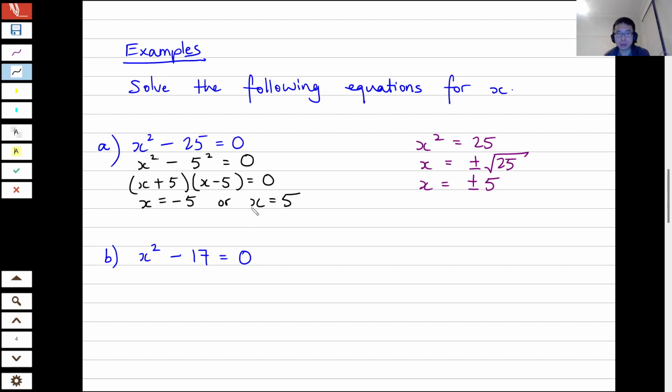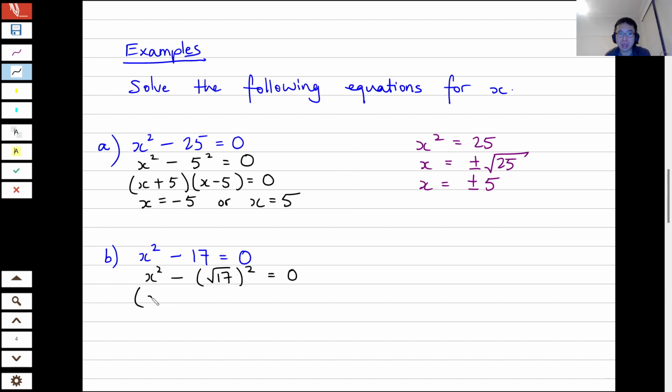For the next one, this is taking us slightly outside the focus of this lesson, but I just want you to note that 17 is not a perfect square. So what I can do is write this as root 17 all squared, and this is now a difference of squares, and that equals 0.